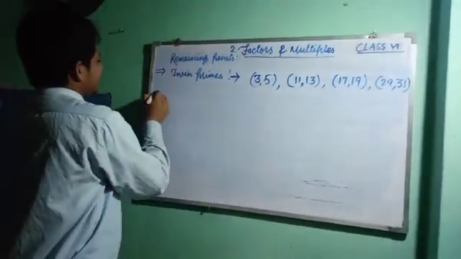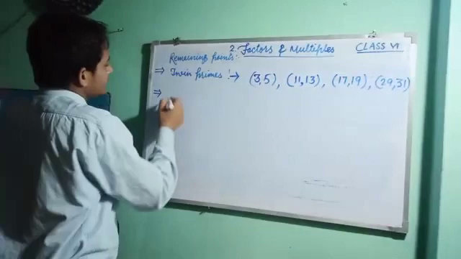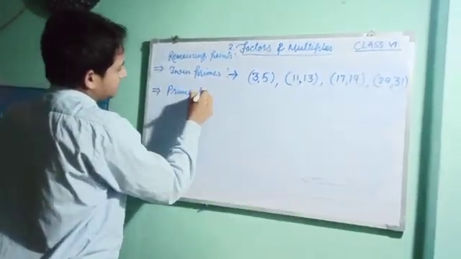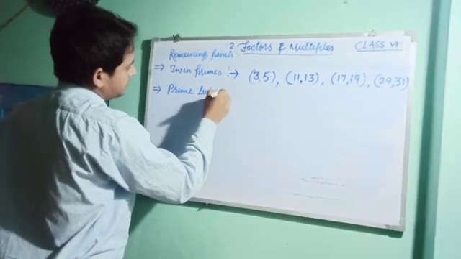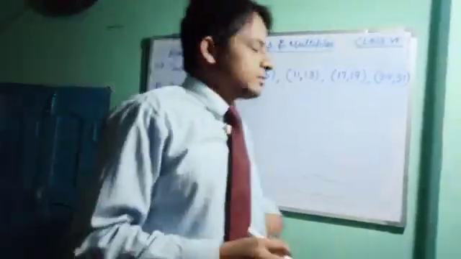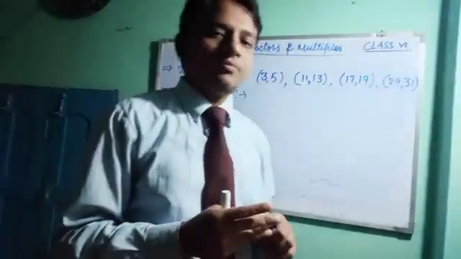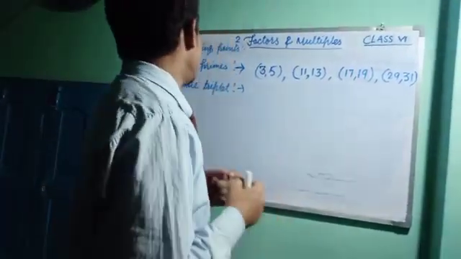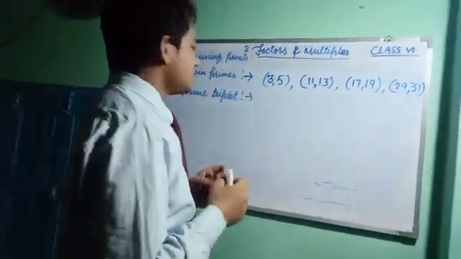Now see next, prime triplet. What do you mean by prime triplet? A set of three consecutive prime numbers differing by 2 is known as a prime triplet.